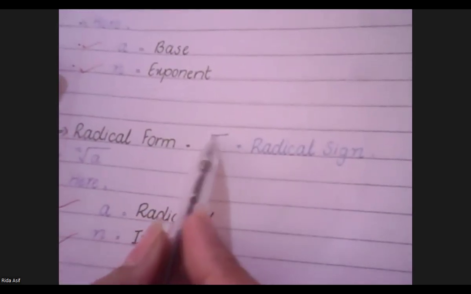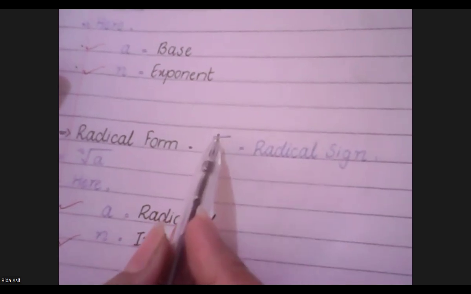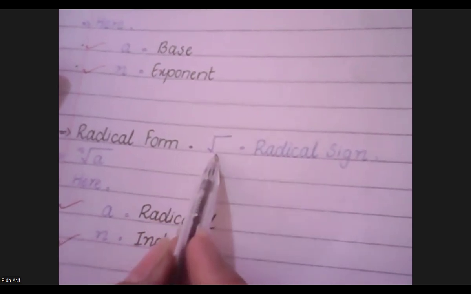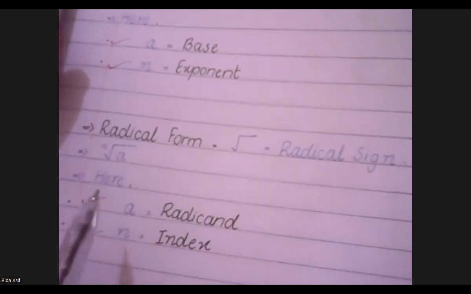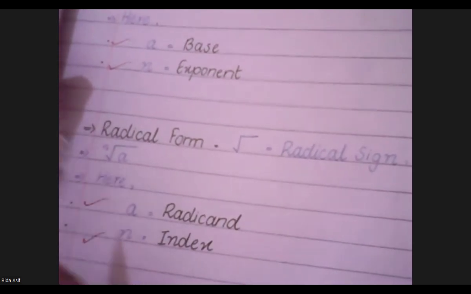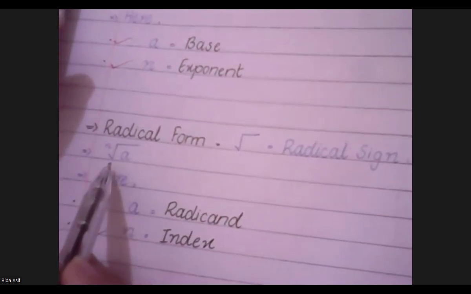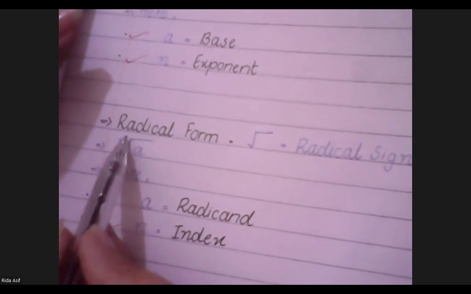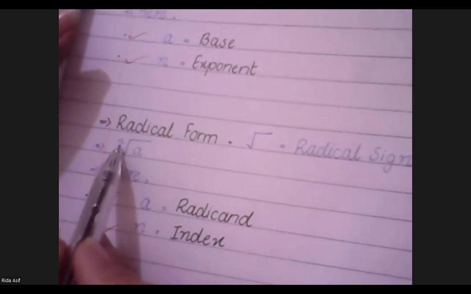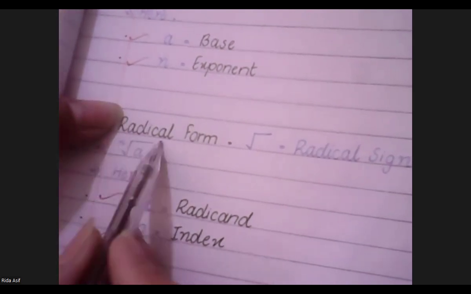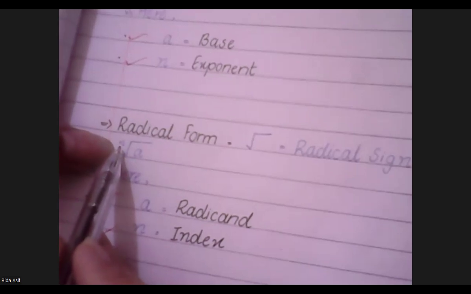Now, what is called the radical sign? Radical form means this root sign. Okay? This symbol is called the radical sign. Students, if you have any variable with the root n, this is called the radical sign and this is called the power.